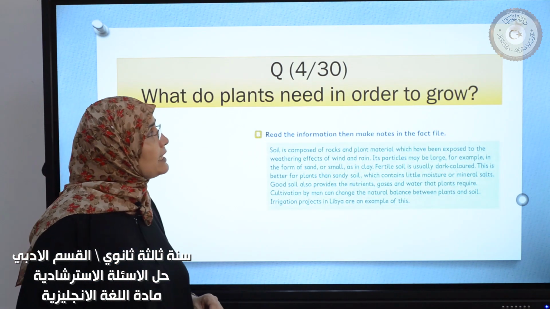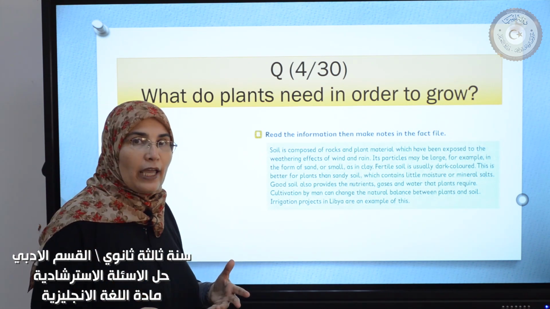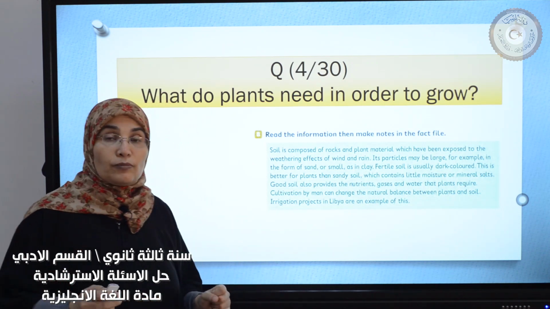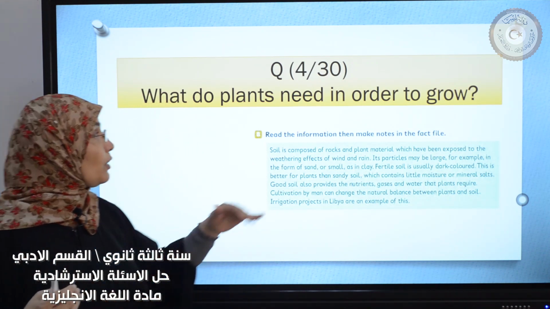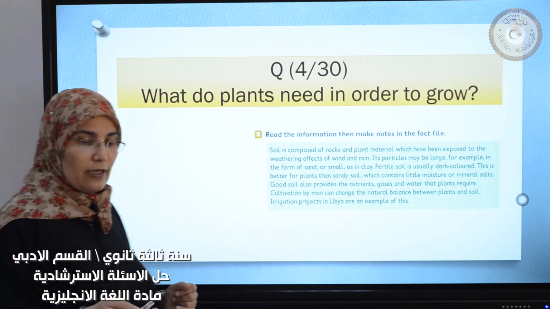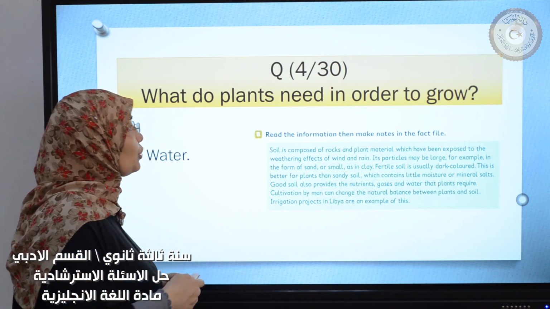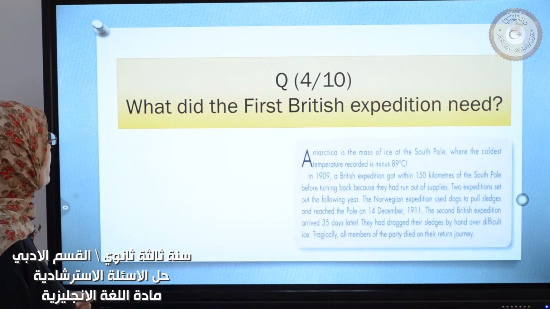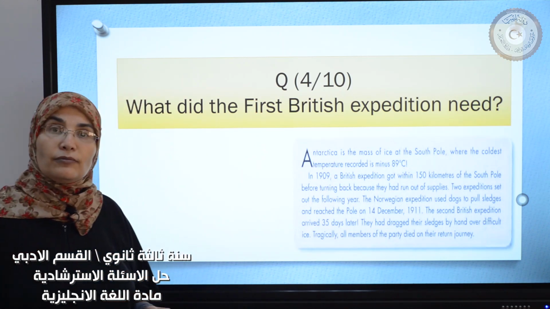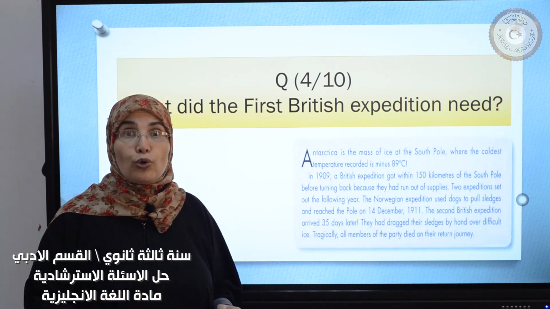What do plants need in order to grow? It's easy, think about it. We dealt with a similar question previously. They need water. Yes, they need water to grow. What did the first British expedition need?